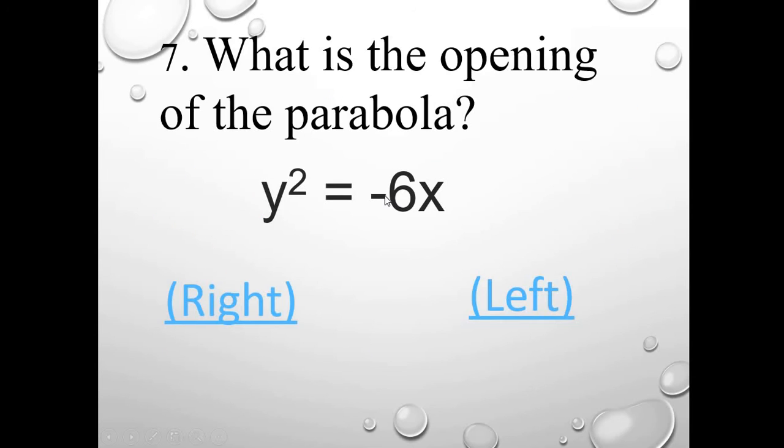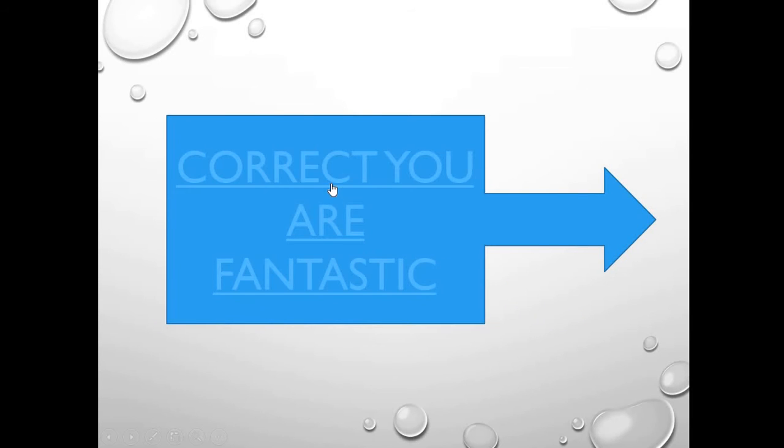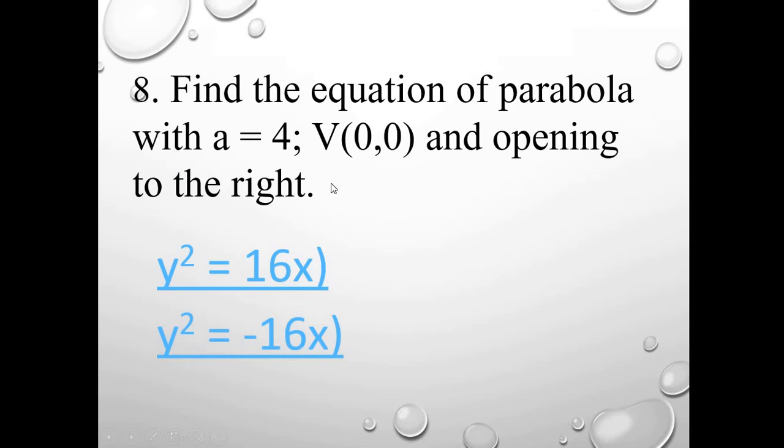And we also have number 7. What is the opening of the parabola y squared equals negative 6x? Is it right or left? Mariam Sophia? Left, sir. Left is correct. You are fantastic. And how about number 8? Find the equation of the parabola with a equal to 4, vertex at the origin, and opening to the right. Is it y squared equals 16x or y squared equals negative 16x?